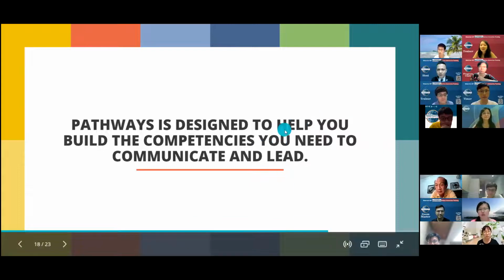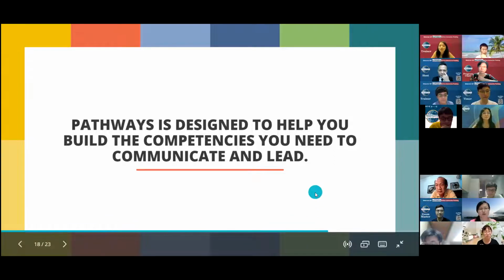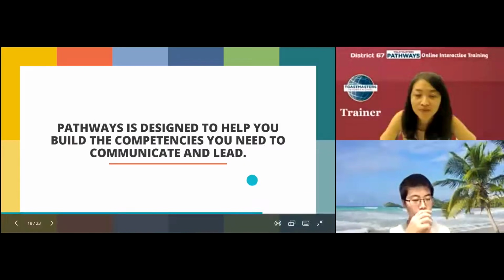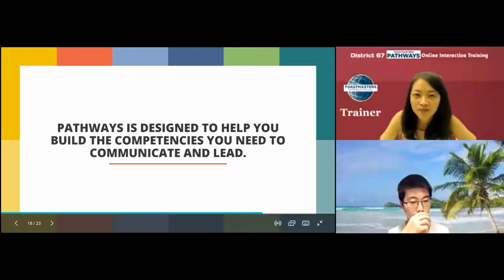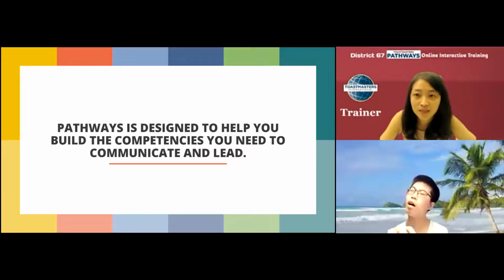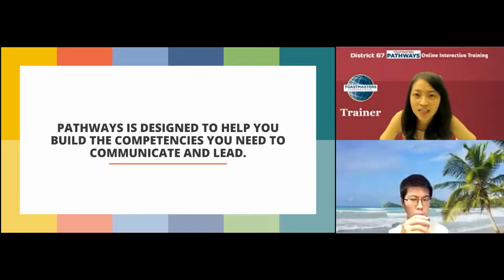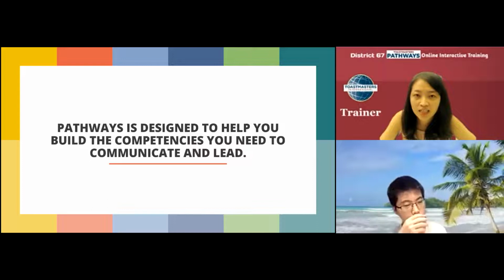Okay, sure. Welcome. Well, first of all, probably the phrase "is designed to" can be simplified, right? "It's designed to," and also "the competencies you need to communicate and lead," because I still remember this is the so-called adjective clause, so probably we can make it more simple.